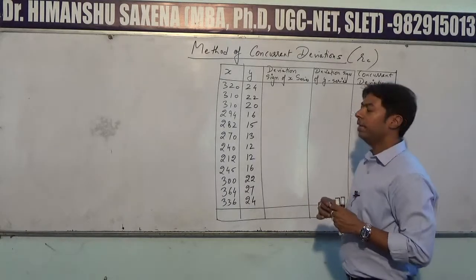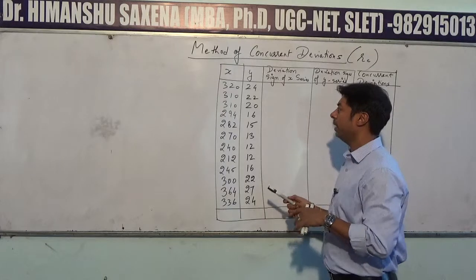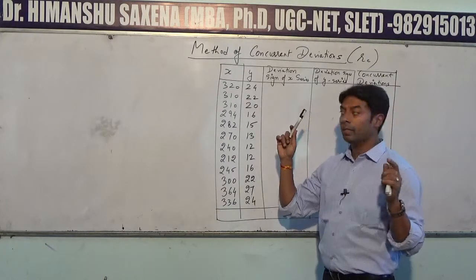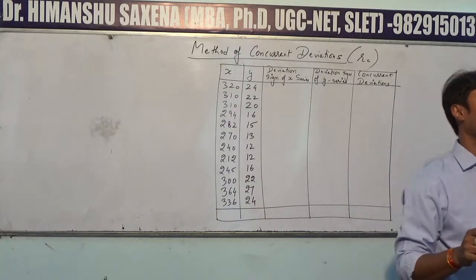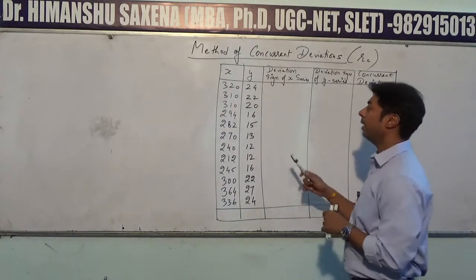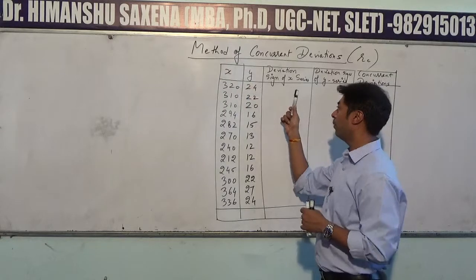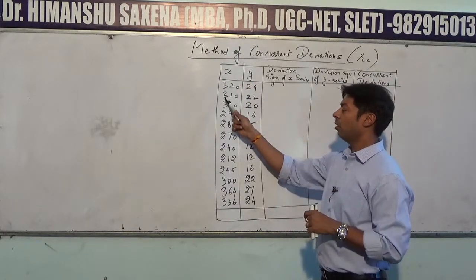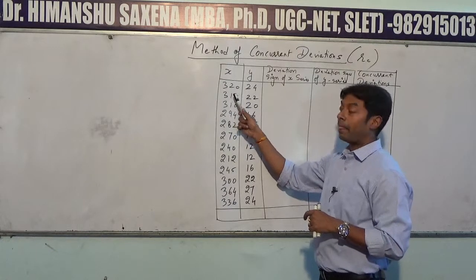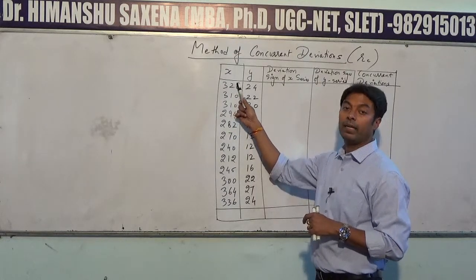See, deviation signs of X series. In order to calculate deviation signs, we need to compare a number with the number which is above it. Now there isn't any number above 320, so the first space is always left blank. Now this number 310 is less than 320.